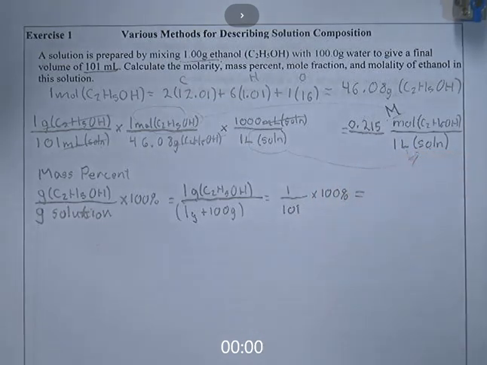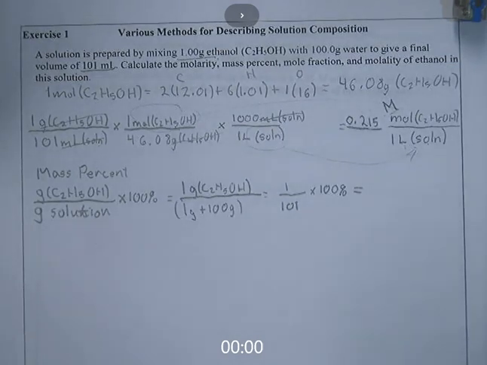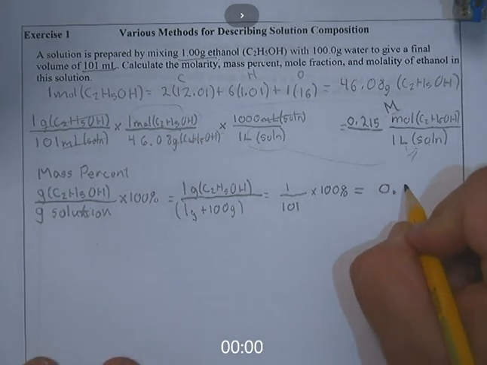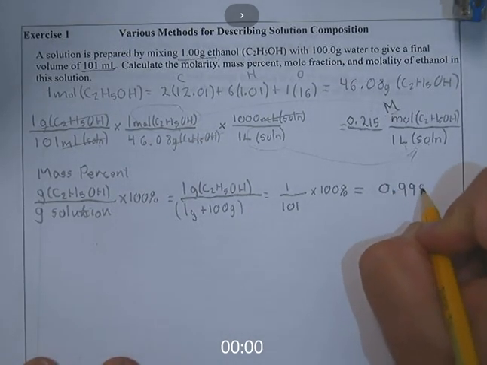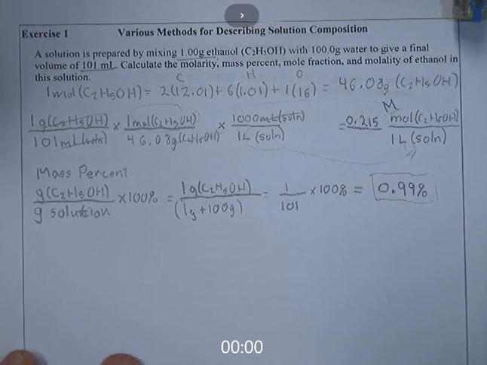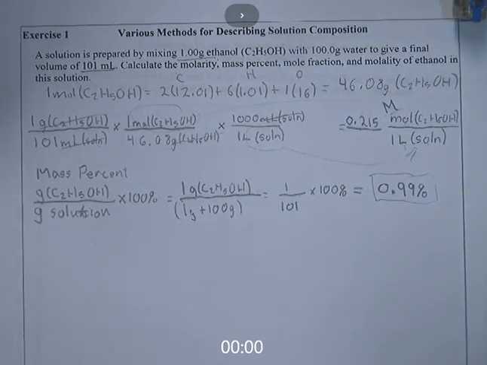And that's going to equal 0.99%. That's the only unit of measure, the percent. So 1 divided by 101 times 100 will give you 0.99.